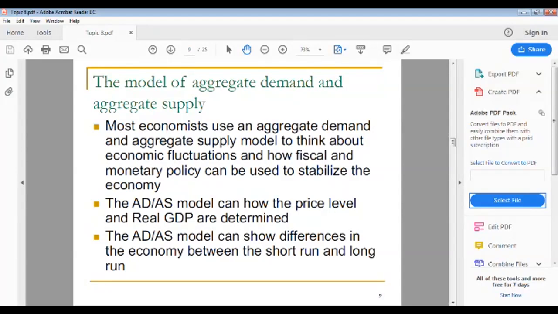And we can, in the short run and long run, talk about the impact that fiscal and monetary policy can have to push us out of a trough or keep us at a peak longer. This model is your Keynesian model, right? The Solow growth model was not Keynesian. This is what made Keynes his name in macroeconomic thought.